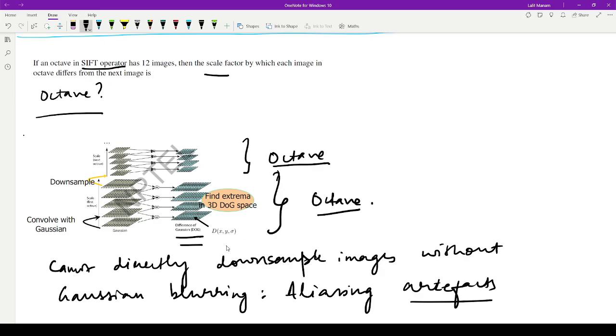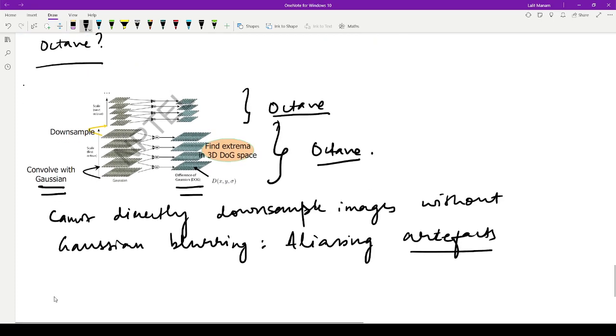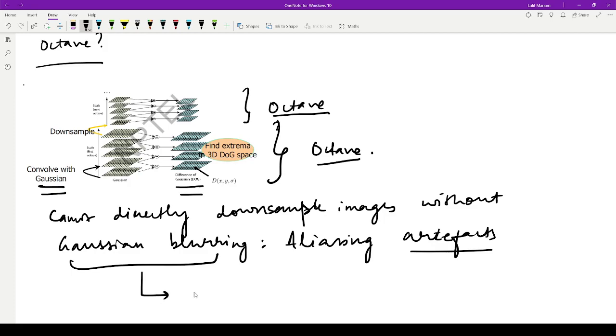If the frequency range of the images is higher than the Nyquist criteria, you have to remove those frequencies before even trying to sample the images. So based on that idea, we first convolve with Gaussian, because Gaussian blurring is a low pass filter.